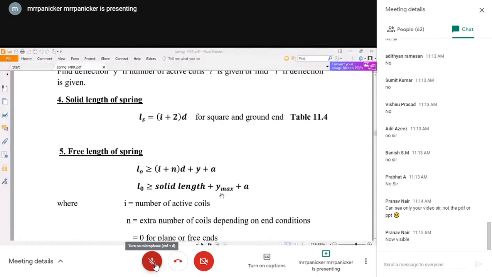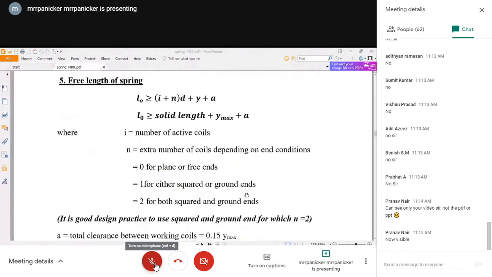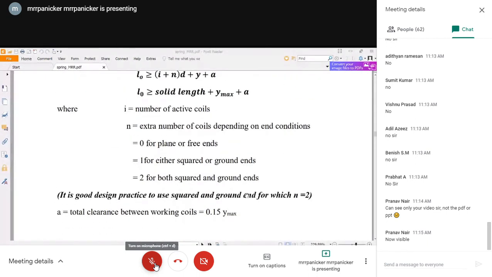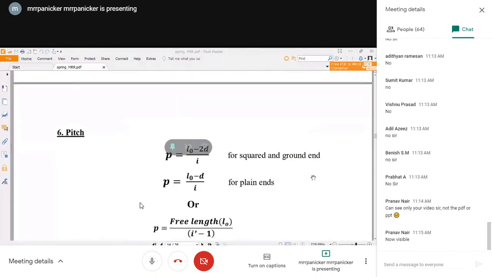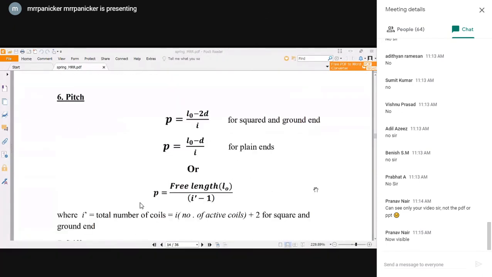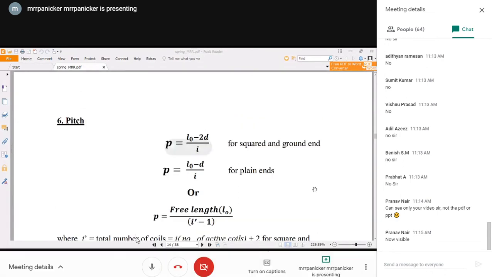This allowance is considered to be 15% of the maximum deflection. It is a design practice to use squared and ground ends. And the pitch is also there.